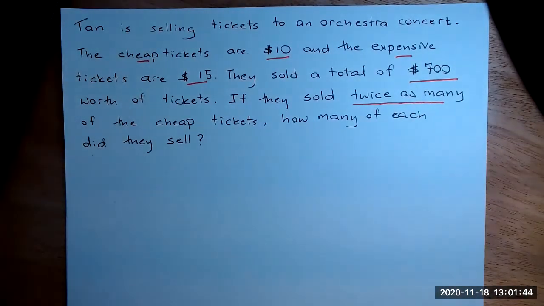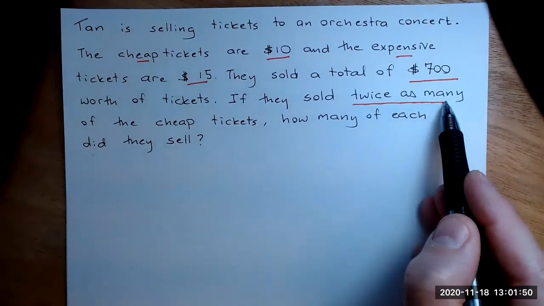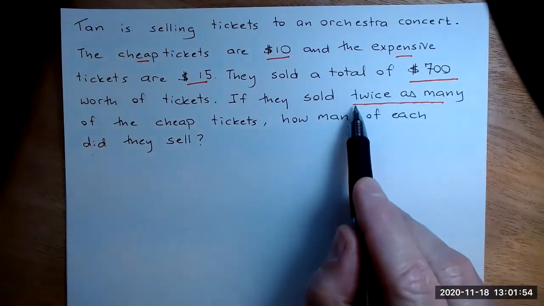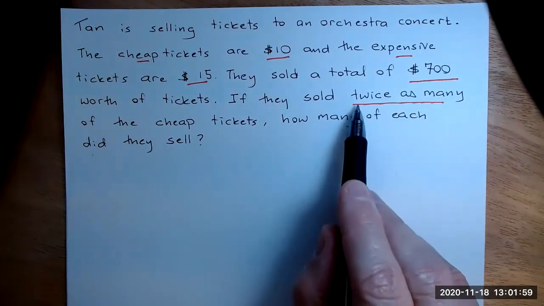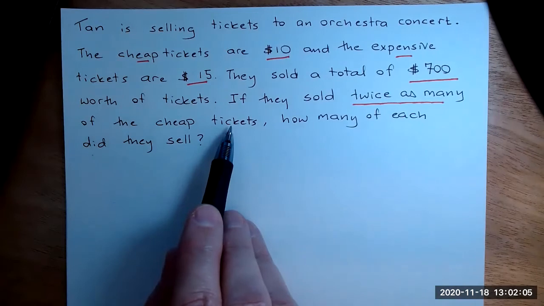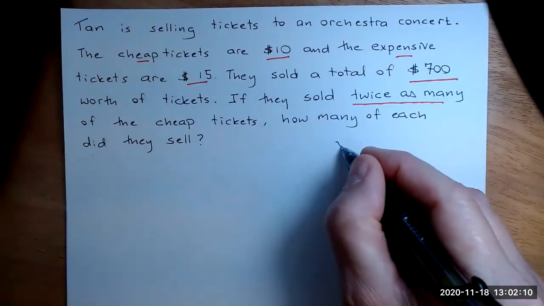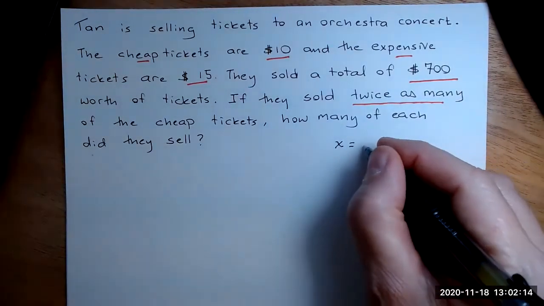All right. So one way you can think of it is we're going to be multiplying one of them by 2 because there's twice as many. So which one gets multiplied by 2? There's twice as many of the cheap tickets. So the smaller quantity is the number of expensive tickets.